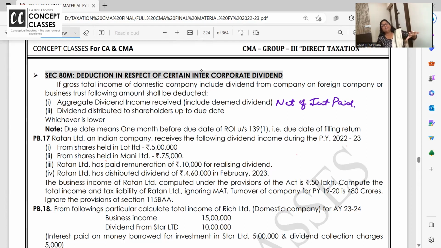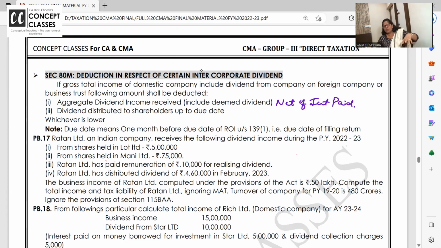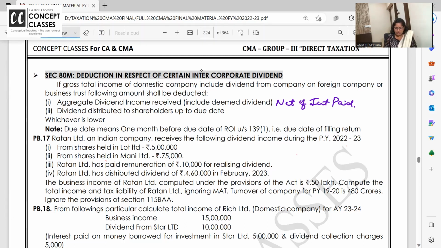See, dividend received is 1 lakh, but interest allowed is 20,000. So what is the net of dividend? 80,000. Or dividend distributed to shareholders, whichever is lower.